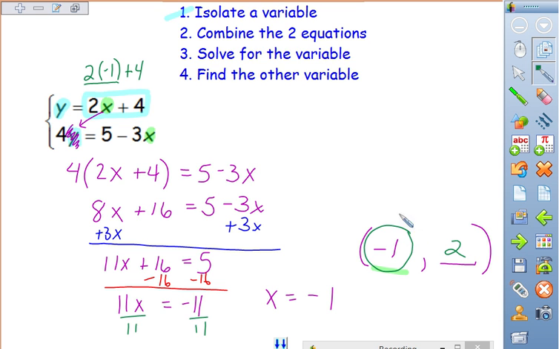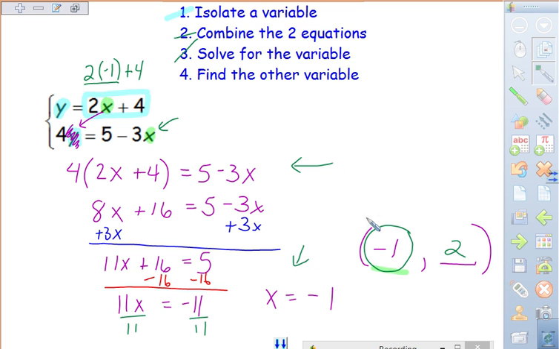If I plug -1 into the bottom equation, I would also get 2. So this ordered pair is the intersection of these two lines. We combined the two equations here, we solved for the variable here, and then we had to plug in to get the other variable.